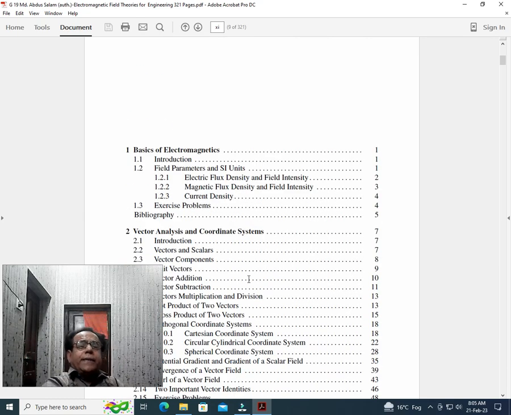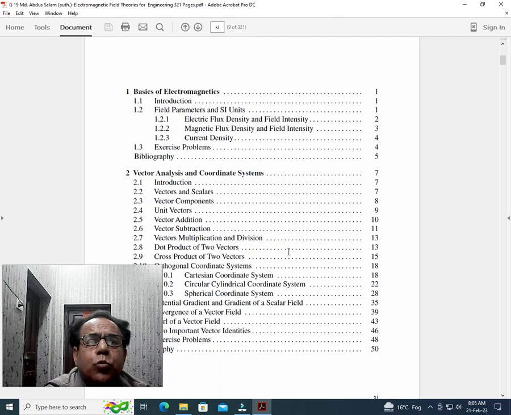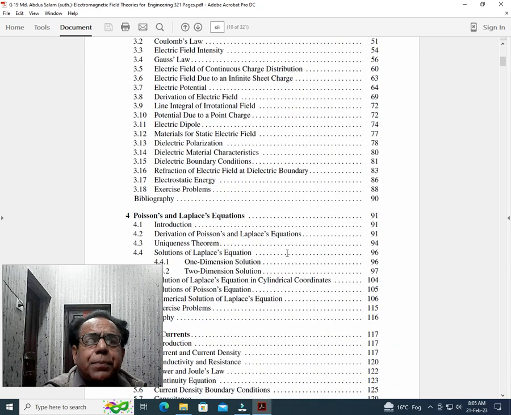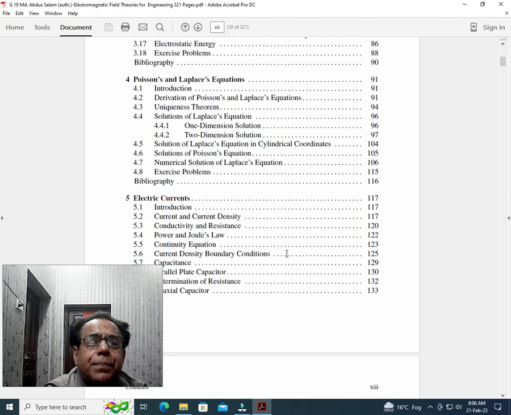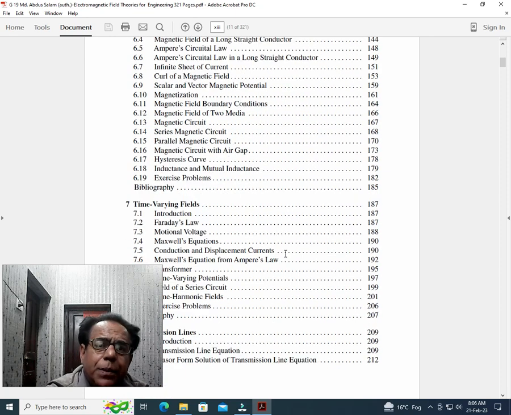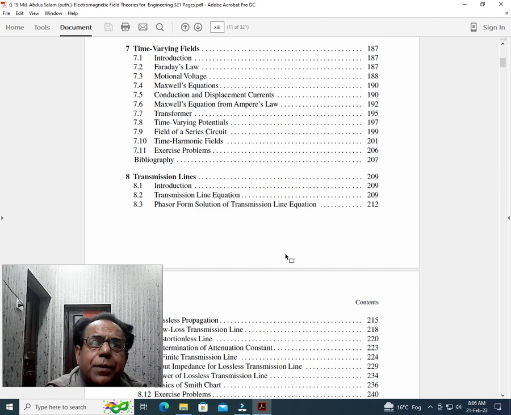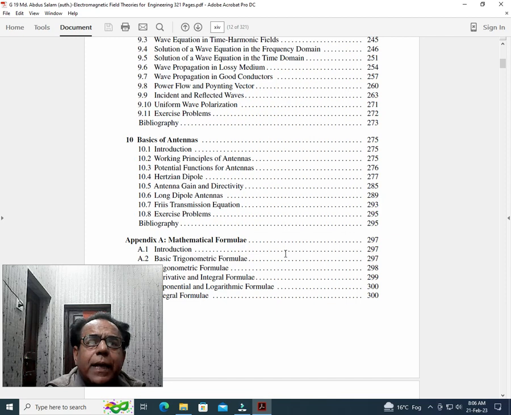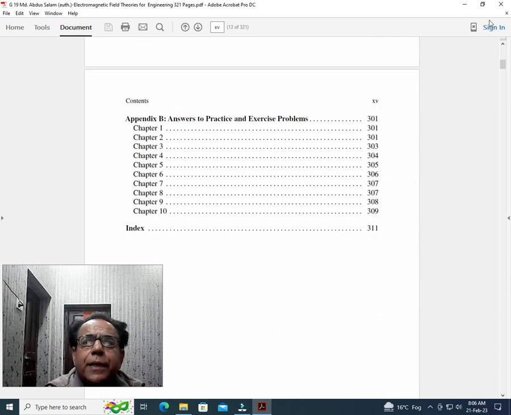Now we come towards its contents. Chapter number 1, basics of electromagnetics, chapter number 2 vector analysis and coordinate systems, chapter number 3 electrostatic field, chapter number 4 Poisson's and Laplace's equations, chapter number 5 electric currents, chapter number 6 static magnetic field, chapter number 7 time varying fields, chapter number 8 transmission lines, chapter number 9 uniform plane waves, chapter number 10 basics of antennas, then appendix and index is given at page number 311.